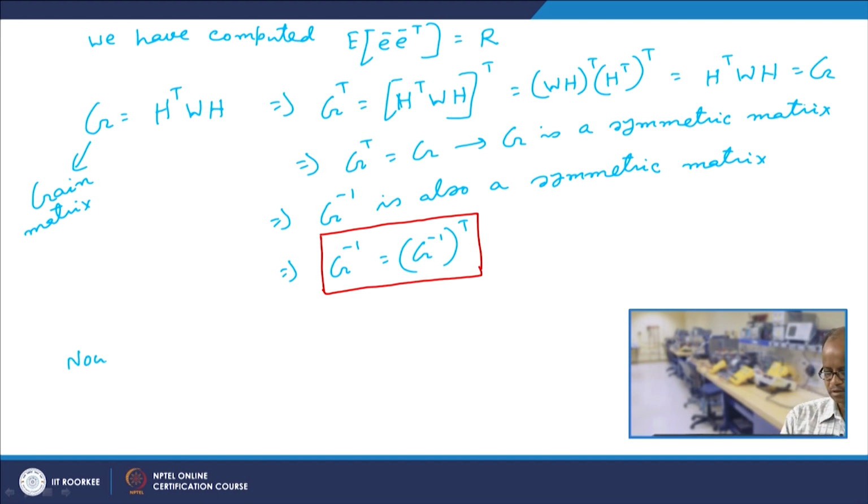Now, we have already seen that the expected value of the errors is given by I minus H G inverse H transpose W into E. So, then what is E hat transpose?